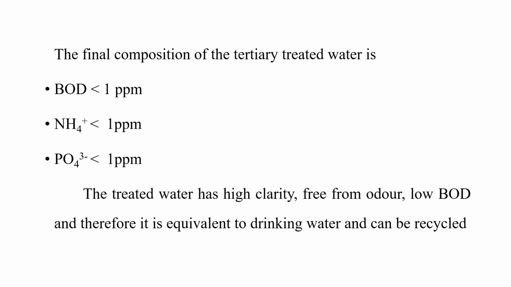Biological oxygen demand means organic matter oxidizable by microorganisms, which might be present in less than 1 milligram per liter of the water. Ammonia is also present in less than 1 milligram per liter.